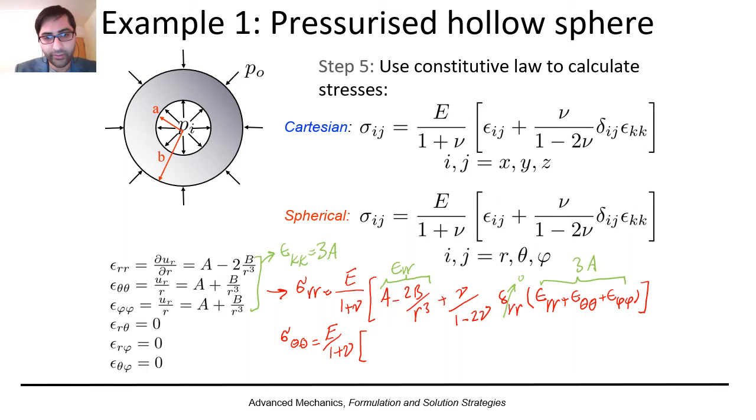For sigma theta theta, we get E divided by 1 plus nu, epsilon theta theta, which is a plus b divided by r to the power of 3, plus nu divided by 1 minus 2 nu, delta theta theta multiplied by the trace epsilon kk.